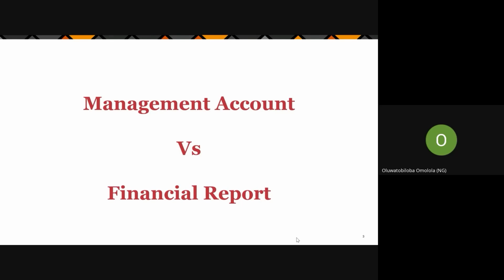If I want to prepare the management account of maybe Dangote, in addition to some of the things we are going to talk about today, you might see a dashboard that shows, okay, last year our revenue was this, this year it is this, by how many percent has it grown? Some management accounts will compare budgeted amounts with actual amounts and things like that.